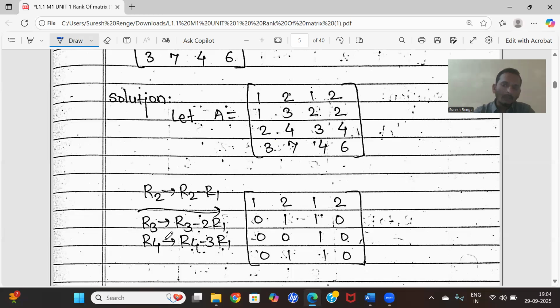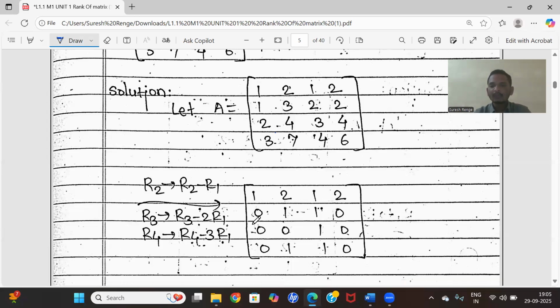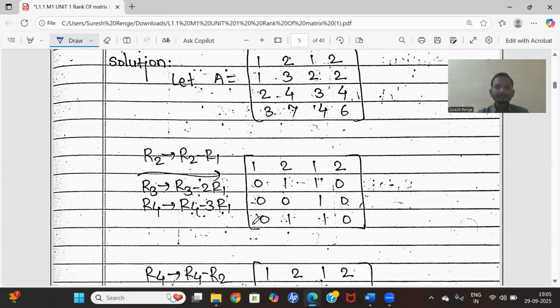Now we are applying these operations on R4: R4 minus 3 times R1. Therefore, 3 minus 3 is equal to 0, 7 minus 6 is equal to 1, 4 minus 3 is equal to 1, and 6 minus 6 is equal to 0. If we apply these operations, this matrix gets converted into this format.